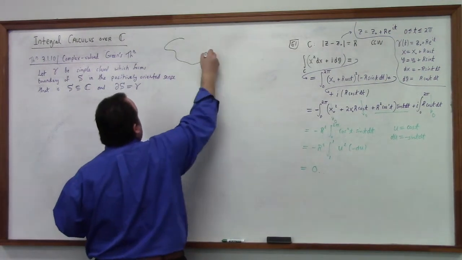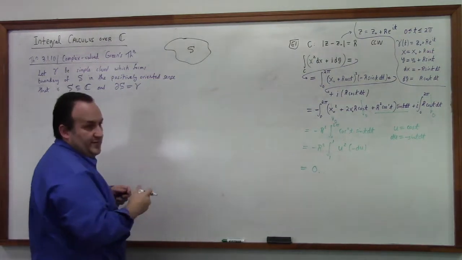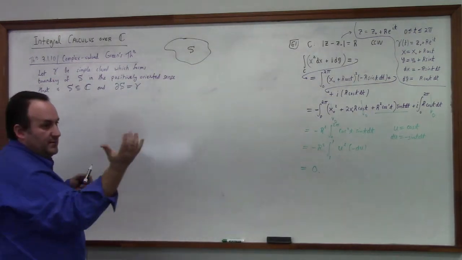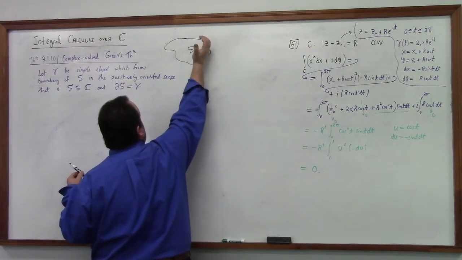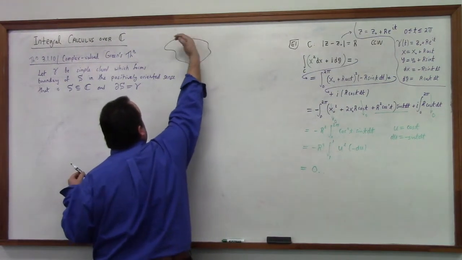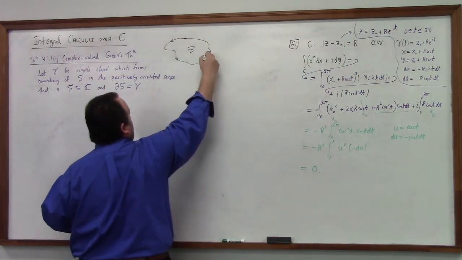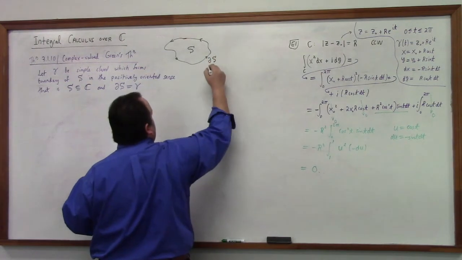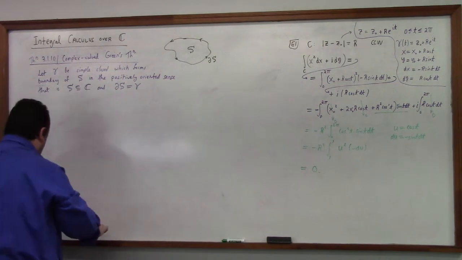So this is S. The positive orientation: you take your right hand, and the right hand rule goes counterclockwise around S. So the positive orientation of S goes like this, the boundary of S, counterclockwise. All right?